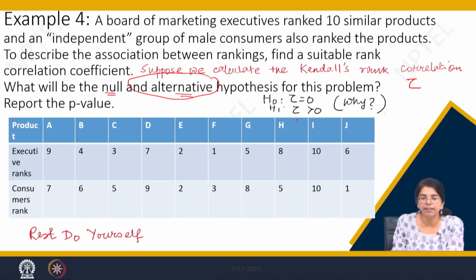So whatever rank for the product is made by the executives, if it matches the rank made by the consumers, they are the manufacturer and they are the consumers. If consumers and executives are in line with their ranking, then that will be a good situation. So that's why tau greater than 0.